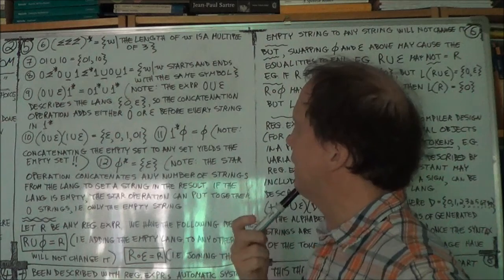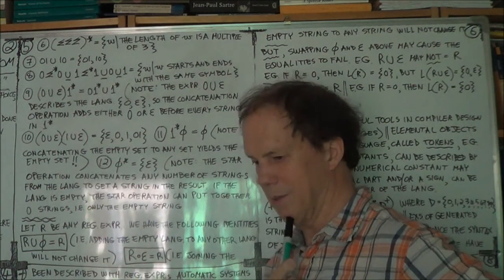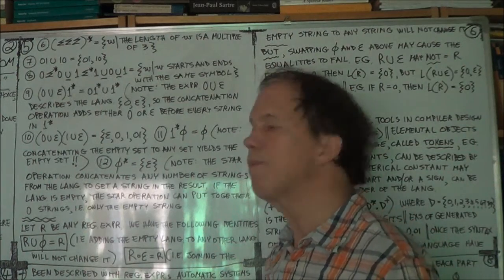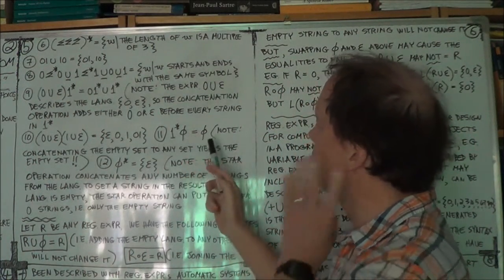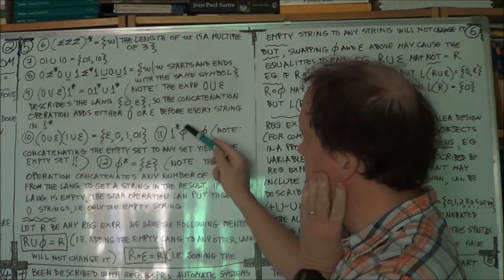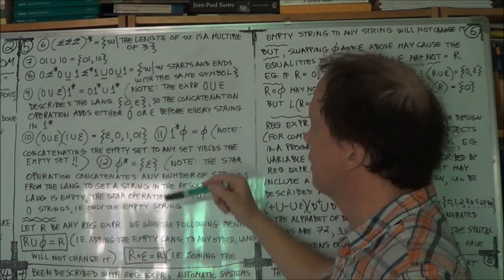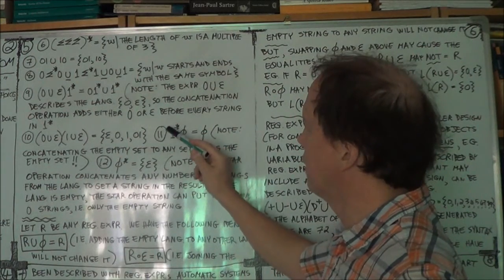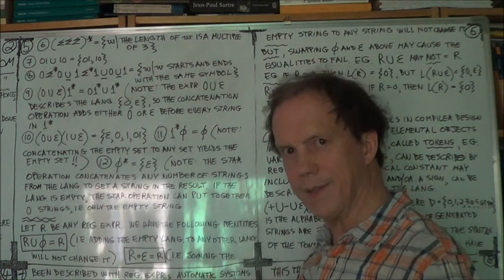Example 11. Now 11's tricky. I had to think about that. It seemed to me counterintuitive. What you're doing is concatenating any string of 1s. Now this shorthand is just 1 star. Strictly speaking, the 1 should be a curly bracket 1 that you then star.